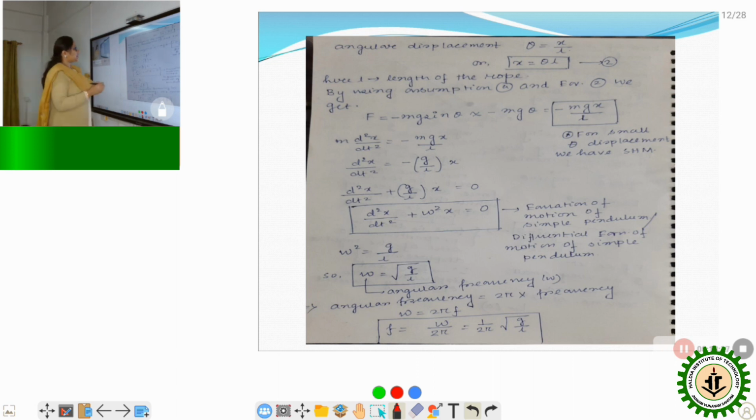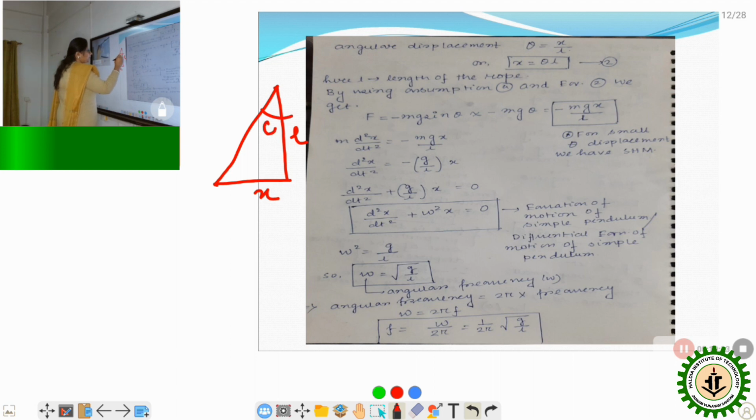How does it happen? Let us draw here. So this is our pendulum, and this is the length of the pendulum L, and the displacement is x, and this is the angle theta. Okay.